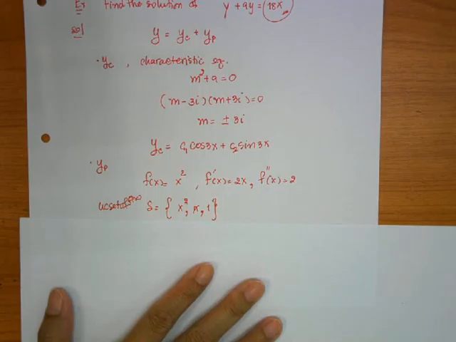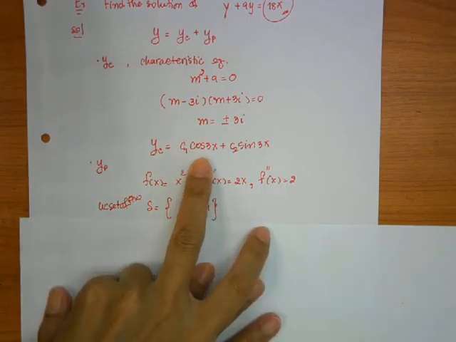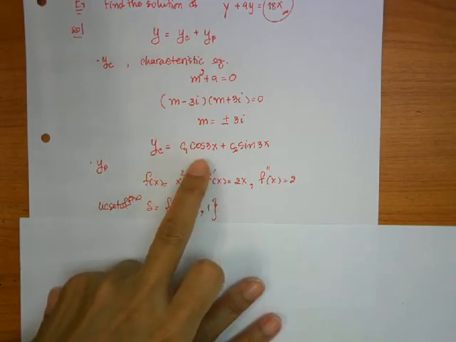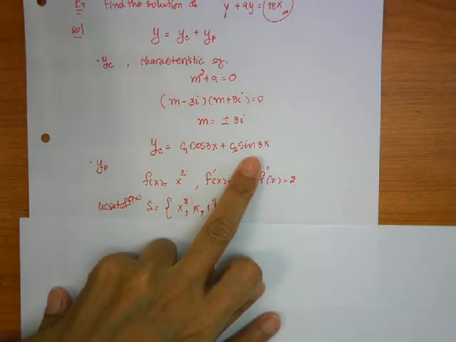Next, take a closer look at whether the function inside your UC set is the same as the function in your yc. Now, what is the function in your yc? You have cos 3x and sin 3x.